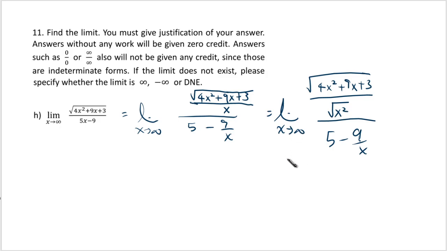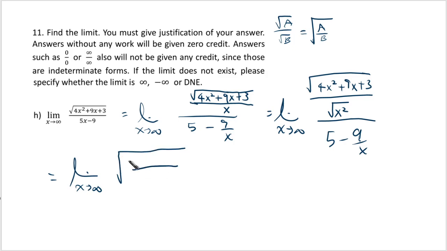If x was sent to negative infinity, then this gets actually a little more complicated. Anyways, you have this, and then you also know that square root of a over square root of b is the same thing as square root of a over b. So because I have square root both in top and bottom, you end up with limit x going to infinity of a single square root, and now you have 4x squared plus 9x plus 3 over x squared divided by 5 minus 9 over x.